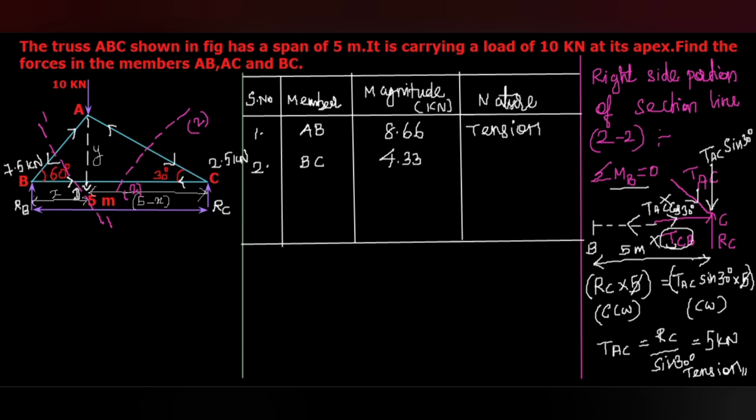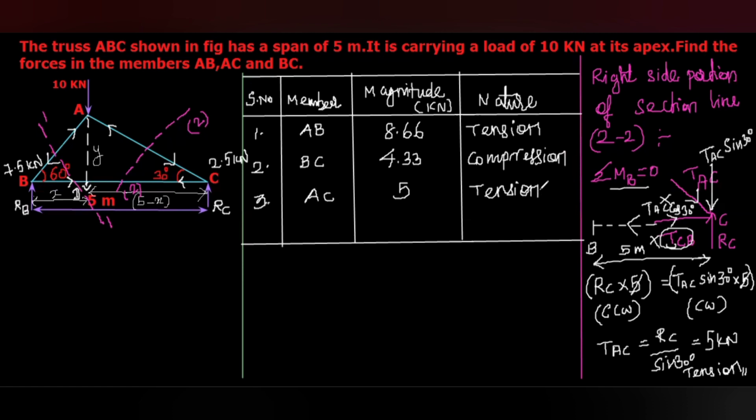Then its nature: here it tends to push the member BC, so it will be in compression. Then the third member, that is AC. As per the calculation, we got 5 kilonewton. And this also tends to pull the member AC, so this is also in tension.